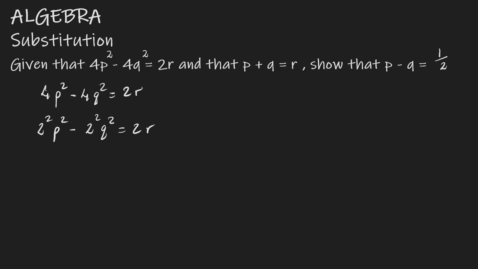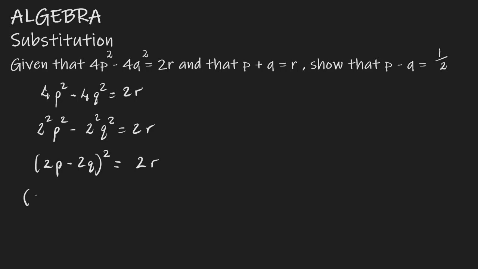All the terms on the left-hand side of my equation are squared. So I can rewrite this as 2p minus 2q all squared is equal to 2r. In this form, I can rewrite this using the difference of squares.